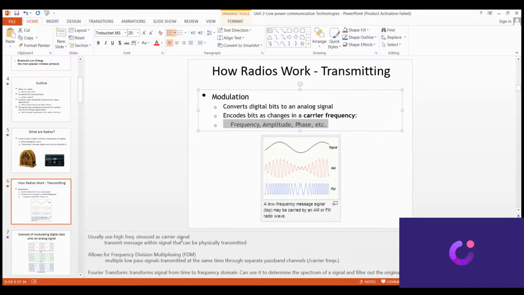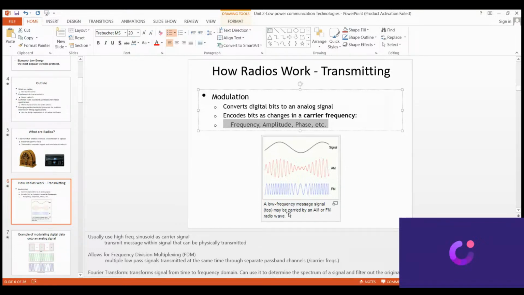For the signal to be transmitted, it needs the higher frequency. The higher frequency helps us with the transmission of the message within the signal that can be physically transmitted.